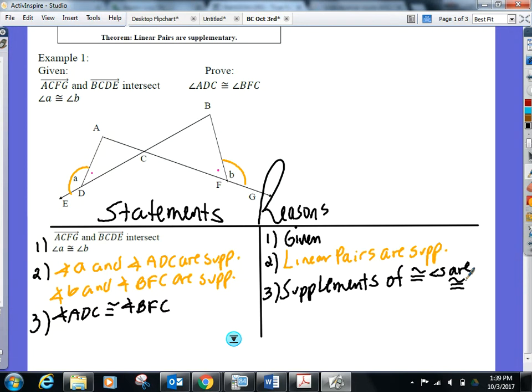Straight. What do you know about straight angles? They're congruent. What could I have done with the straight angle and angle B? What could I have done with this straight angle and angle A? Subtract. Two different ways of doing this proof. But you would need to tell me that the straight angles are congruent first. All right? So not bad.